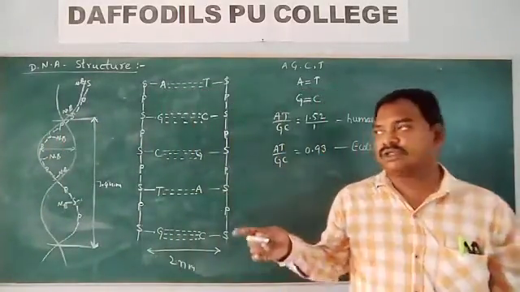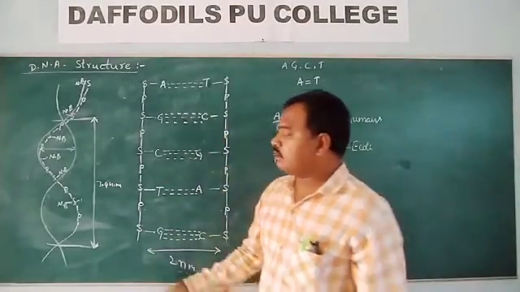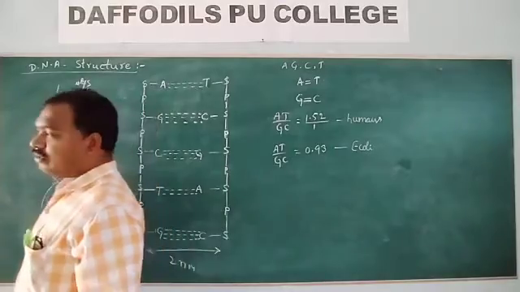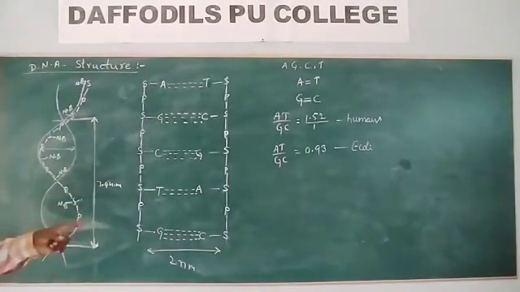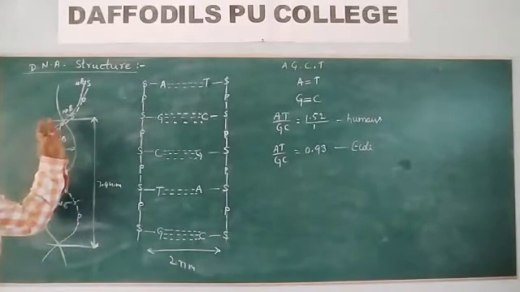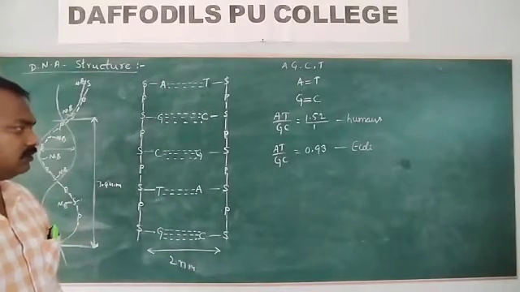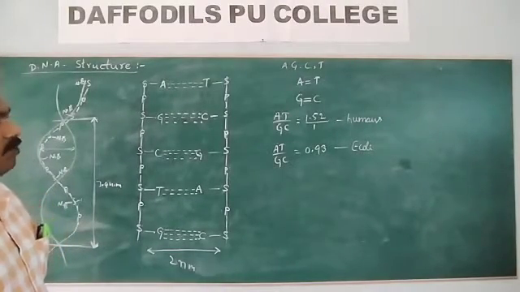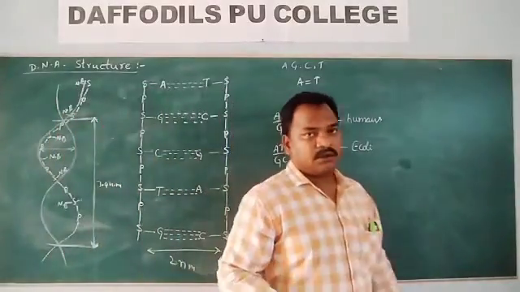The complete rotation of this DNA will take nearly 3.4 nanometers length. So at 3.4 nanometer distance, a 360 degrees rotation of these helical structures appears. Okay, this is the brief discussion of DNA.